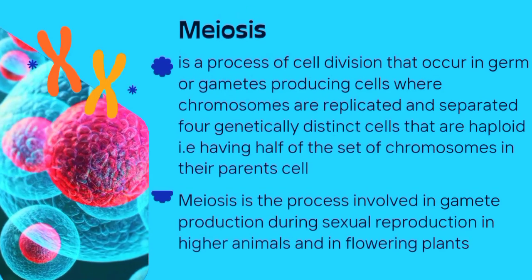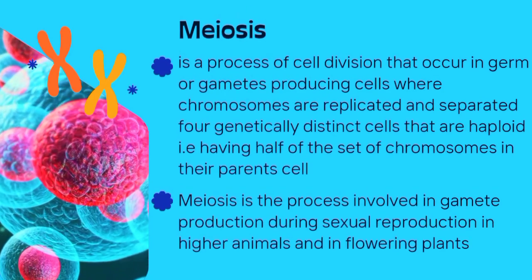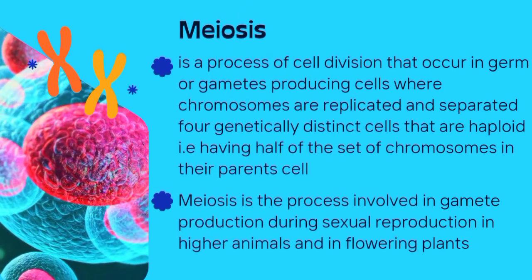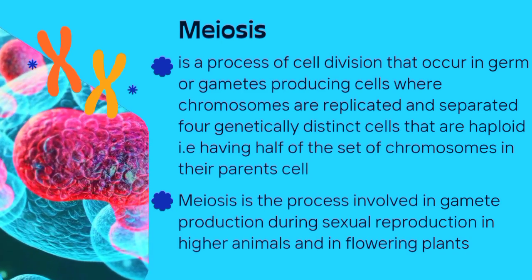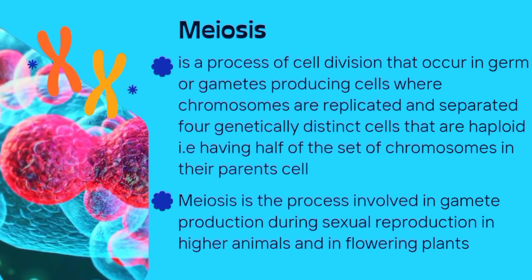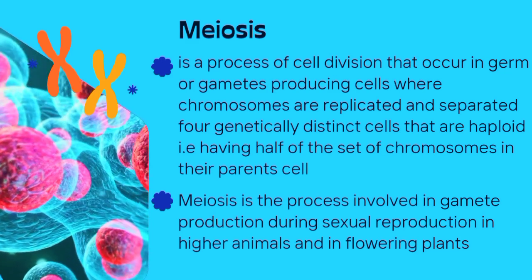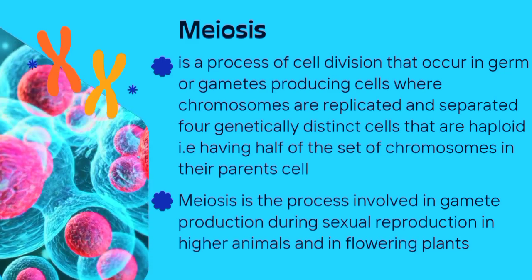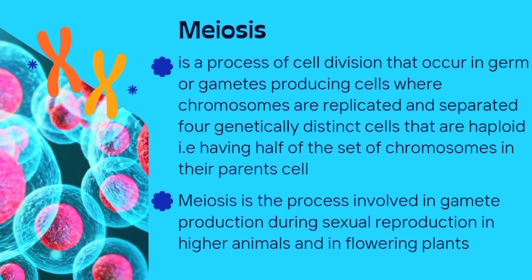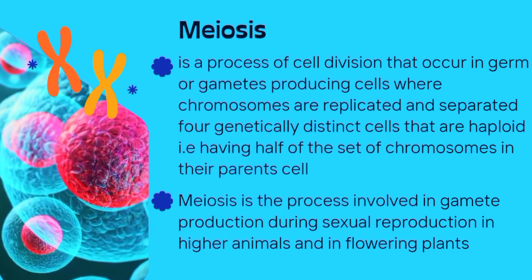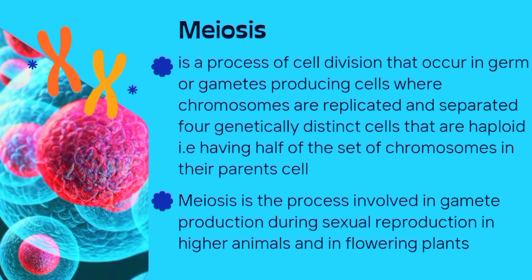On the other hand, meiosis is a cell division that occurs in germ cells or gamete-producing cells. It produces four genetically distinct cells that are haploid. Meiosis is the process involved in gamete production during sexual reproduction.